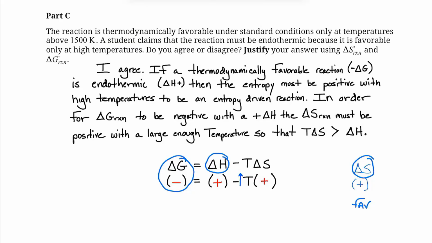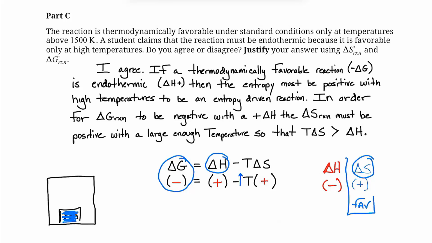Well, that's if we have delta H that's exothermic or negative. So if we've got a condition where we're going to have some system in a box here where the chemical reaction is going to occur, and inside the box the degrees of freedom of reactants and products increases, that would be a favorable condition. That means the entropy of our system in the reaction container is increasing.